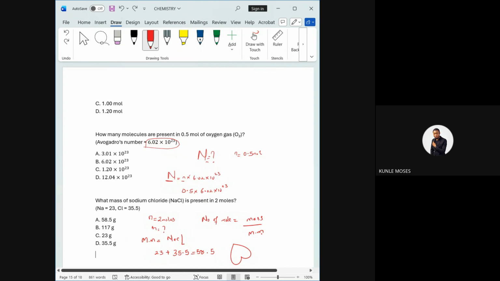Our mass is what we are looking for. Our molar mass is 58.5. So if the number of moles is 2, mass is what we are looking for, and the molar mass is 58.5, it simply means our mass is equal to 2 multiplied by 58.5, isn't it? What is 2 multiplied by 58.5? That will give you your answer. I think that should be 117.